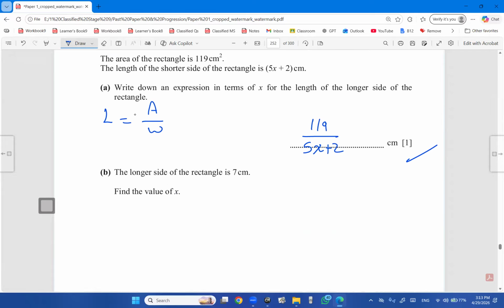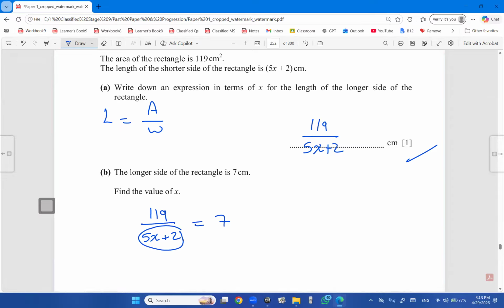The longest side of the rectangle, which is L, they're saying to you that it is 7 centimeters. Find the value of x. Well, this means that the longest side, which is 119 over 5x plus 2, which we found earlier in question A, is equal to 7. To solve this equation, we agreed before that you cannot have x in the denominator.